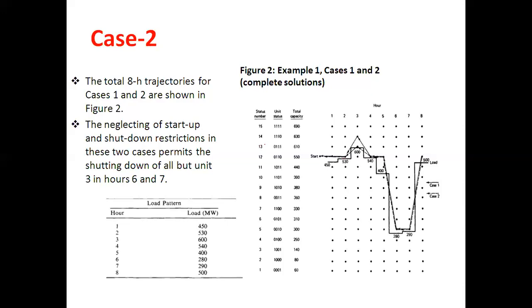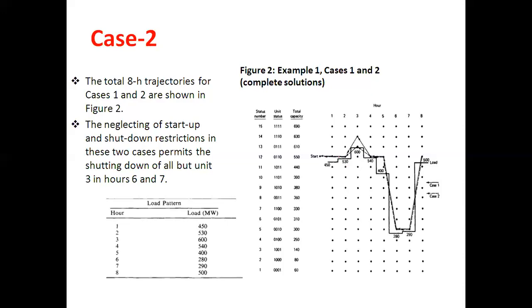So if I do the cost calculation that we have done in our previous discussion, we will see that rather than committing the highly efficient unit, unit 1, we will turn on or commit the less efficient but less expensive unit, that is unit 4. So that's why it is starting from here.